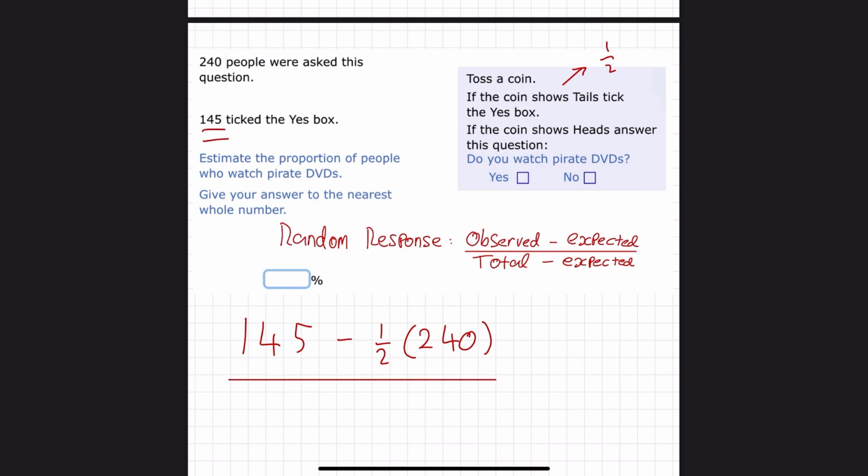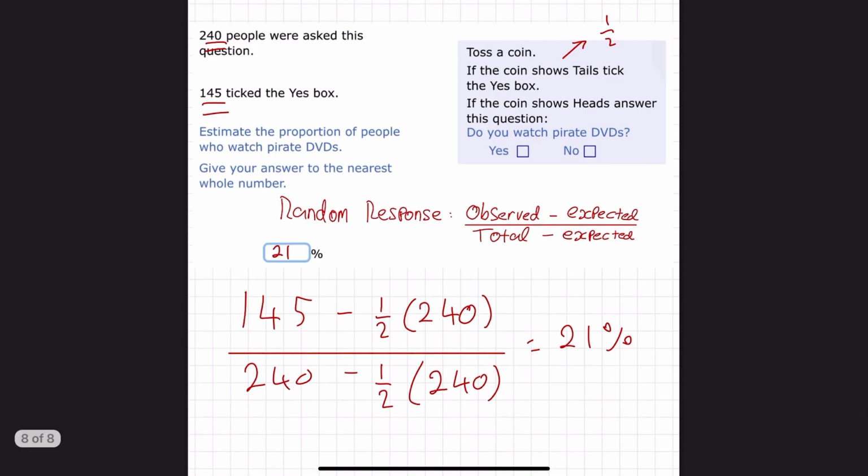And then our total is 240 people because that's how many people were asked. But we want to get rid of the people who probably just didn't read the question because they landed on a tails. So we're assuming it's half of 240. And then if you type that into your calculator, which I'm doing right now, 240 over 240 minus 120 times by 100, I get 21% to the nearest whole number. And that is the random response technique.